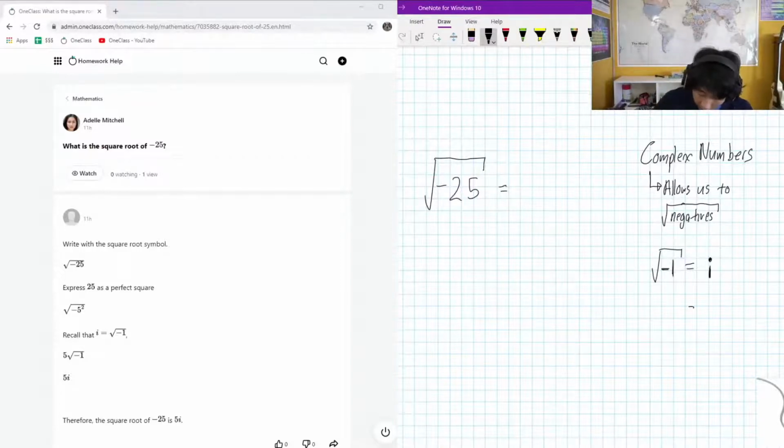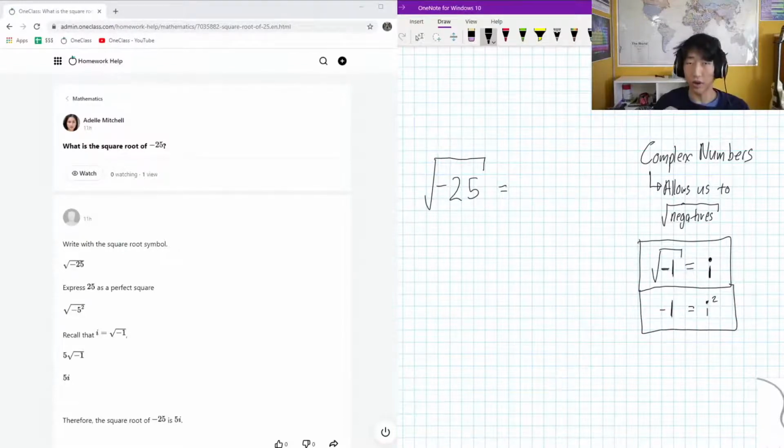And another thing, if we square both sides of this relationship, we see that i squared is equal to negative 1. If you keep these two relationships in mind, you will be very familiar and comfortable with dealing with complex number situations like this.